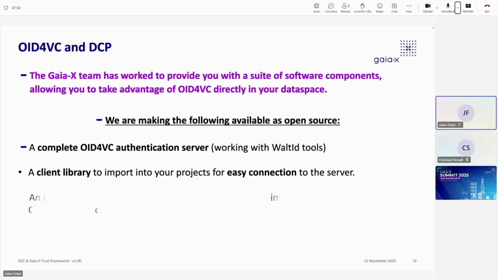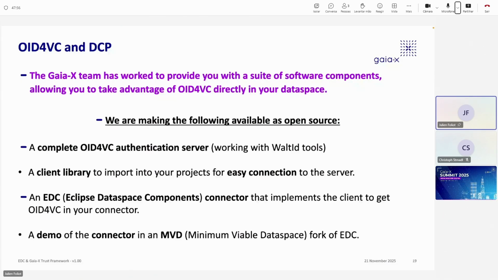So our team has worked these last months to build tools and libraries to enable you to integrate OpenID for VC into your connector. We will make the following tools available open source really soon. You will have basically four tools: a complete OpenID for VC authentication server working with Vault ID tools.